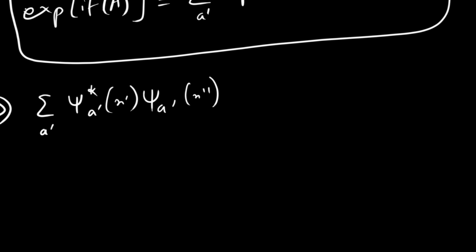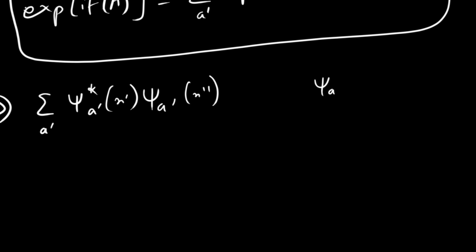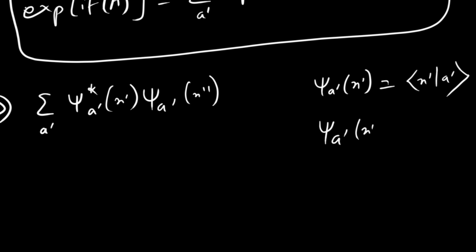We have been given that psi of a prime x prime is equal to this, it was x prime a prime, right? So a prime x double prime would be similar, it would be x double prime a prime. So let's just put these values here.